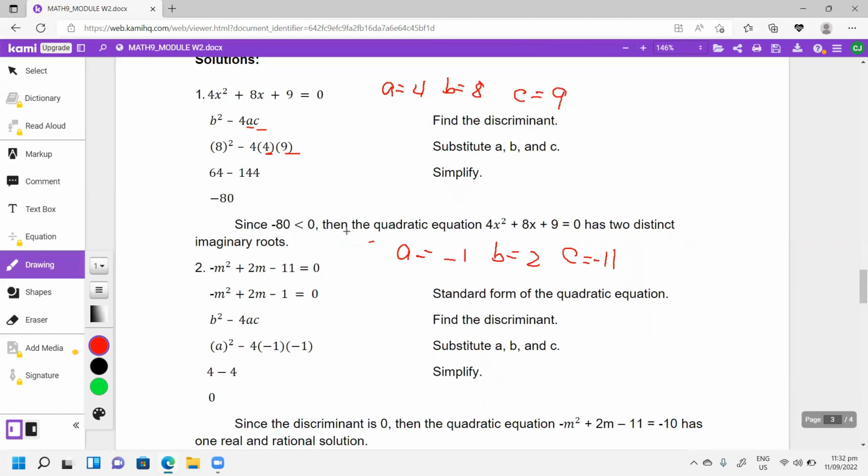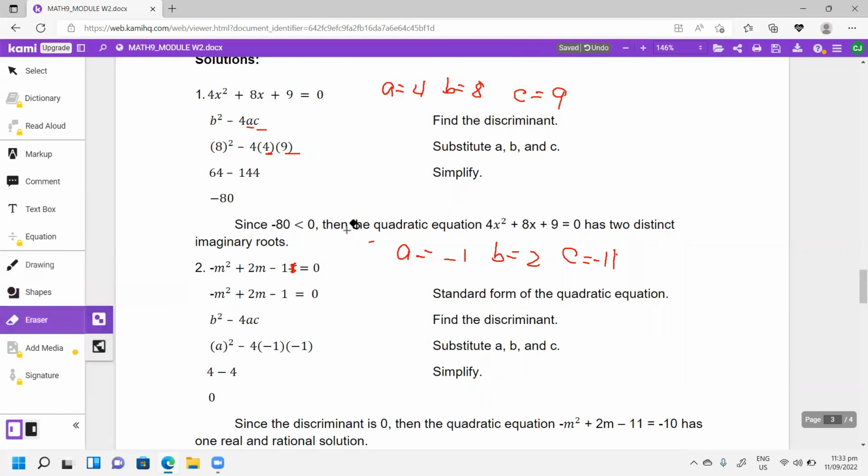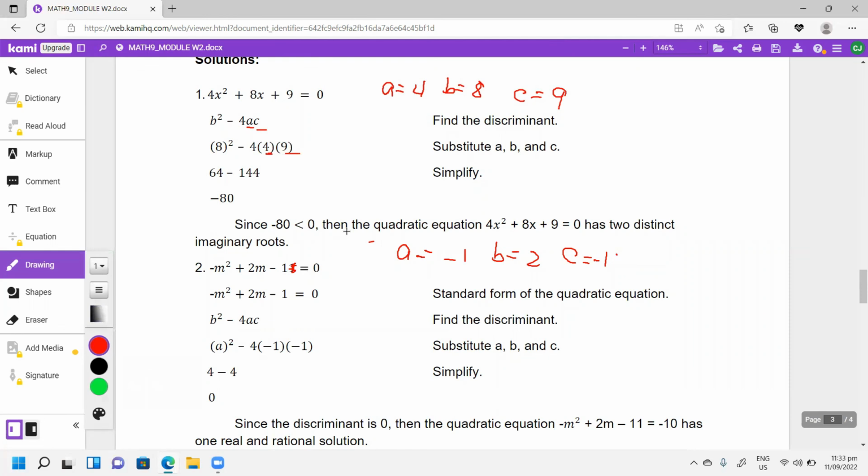Oh, sorry, this is negative 1. So our c is just negative 1.